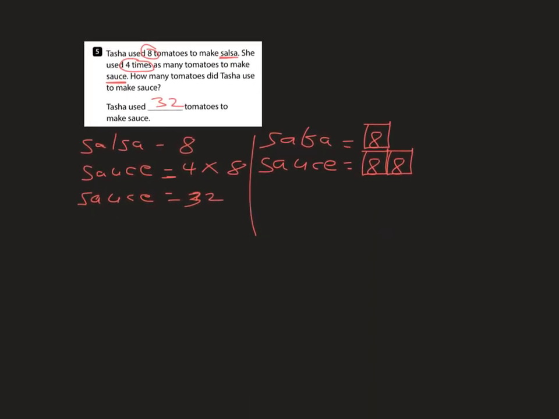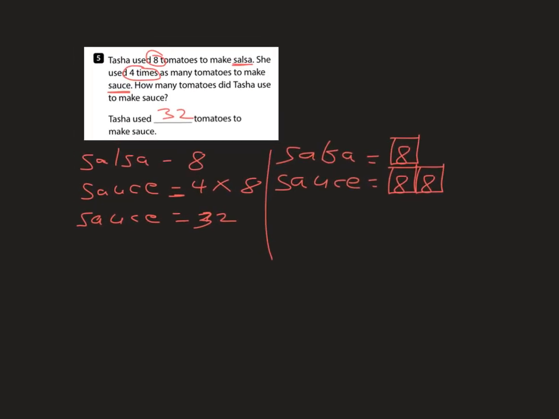And then 3 times as many. 4 times as many. So we can see that our sauce equals 8, 16, 24, 32. So 32 tomatoes to make our sauce. And this is 1, 2, 3, 4 times as many as 8 is 32.